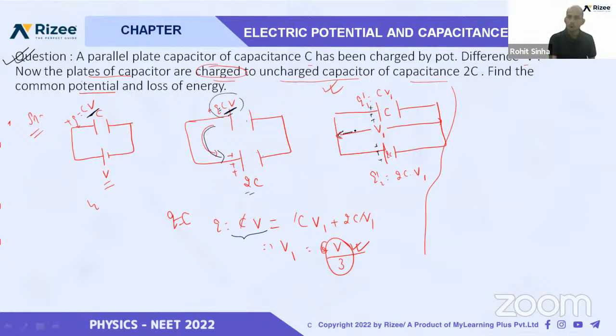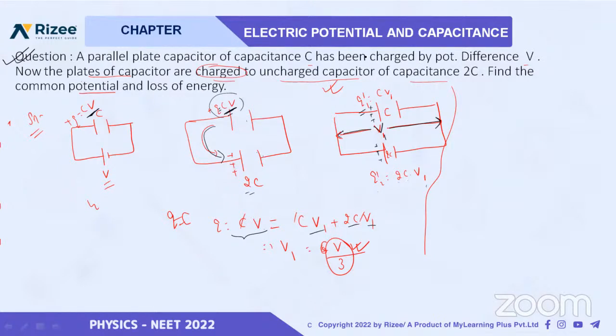Let us suppose the common potential is V1. The new charge Q1 dash will be C into V1 and Q2 dash will be 2C into V1. We can say the initial charge CV is equal to the final charge C into V1 plus 2C into V1, and after calculating this, we get the value of V1. Any problem?